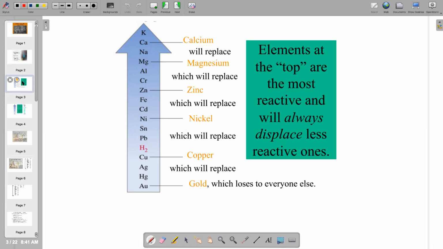So the activity series goes from gold at the bottom, which is basically incredibly non-reactive, all the way up to, if you touch lithium metal with your bare hands, it will react with your hand. It will violently burn your skin.